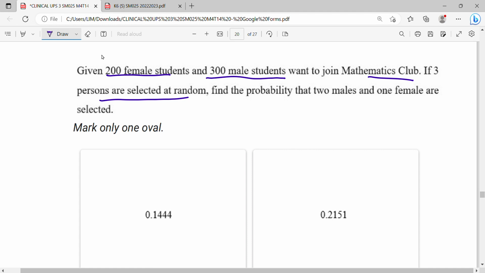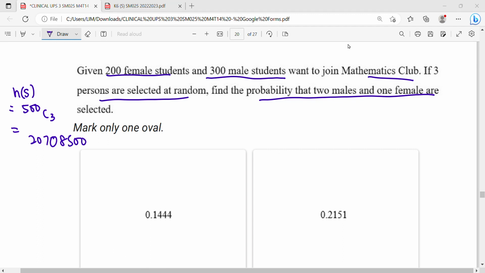So overall first, the number of sample space. 3 persons selected randomly. Right. Overall there are 500 students. Choose randomly first, then we look at this event. So 500 choose 3.